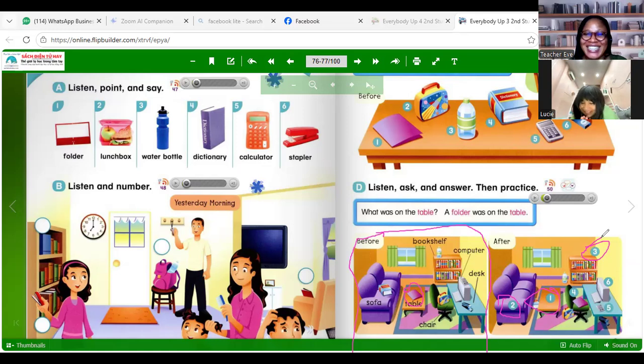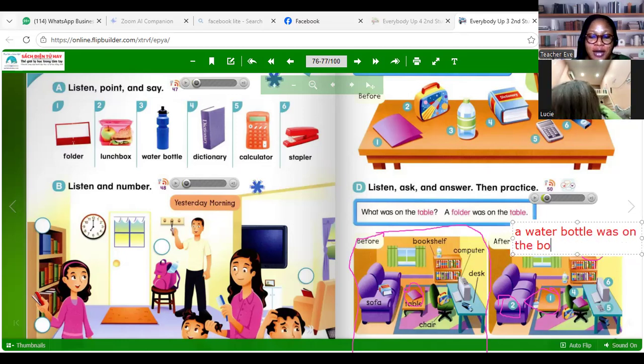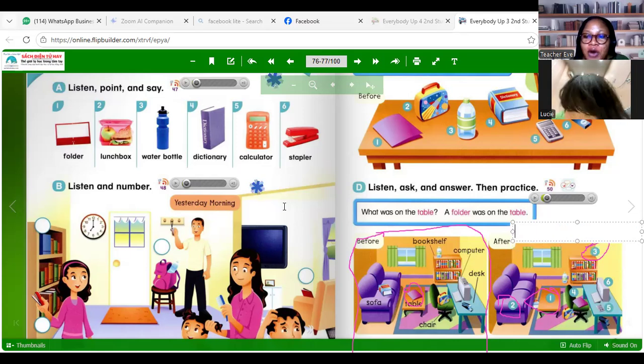Nice word. Okay, let's write it down. You say it. What's about to was on the bookshelf. What about to was on the bookshelf. Nice one.